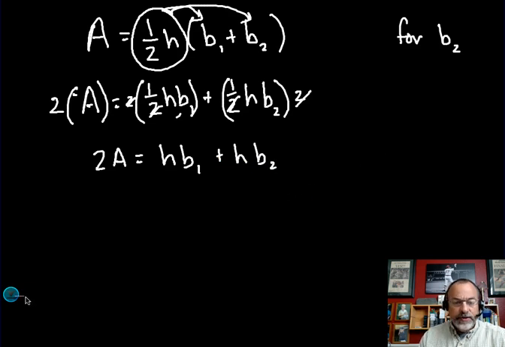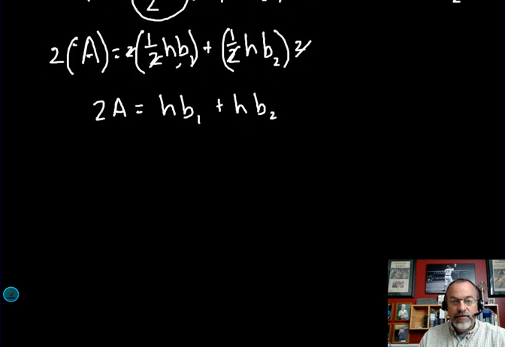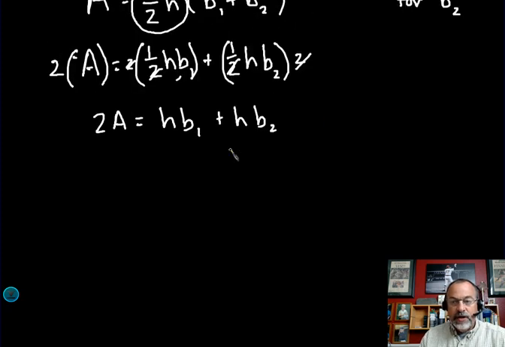So then my next step is to gather everything that has just that one term that I'm solving for to one side. So I'm solving for b sub 2, that's right here. There aren't any more b sub 2, so I need to get this by itself. So I'm going to move this term over so I leave this one by itself. So I do that by applying the subtraction property.